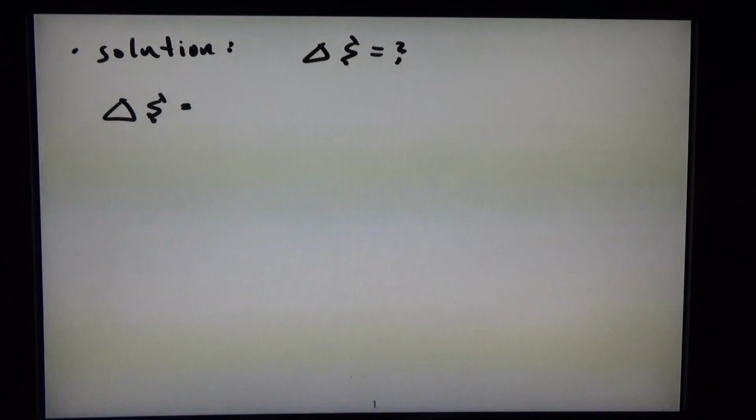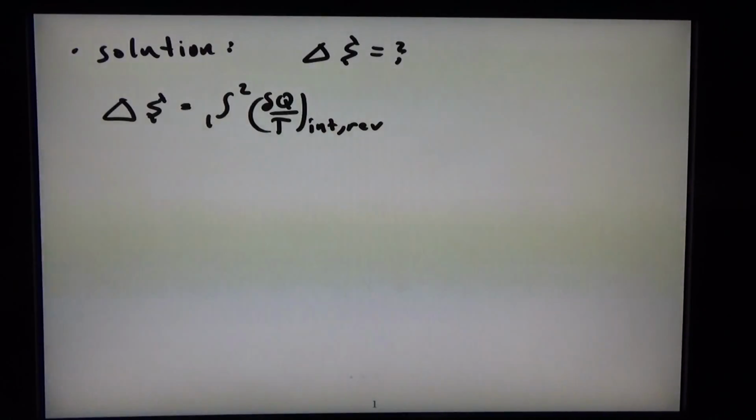So looking at the definition of entropy, we find that delta S is equal to the integral of delta Q over T for an internally reversible process. So assuming we have an internally reversible process, we can use this equation to calculate delta S. If we don't know whether we have an internally reversible process or not, we shouldn't use this equation.